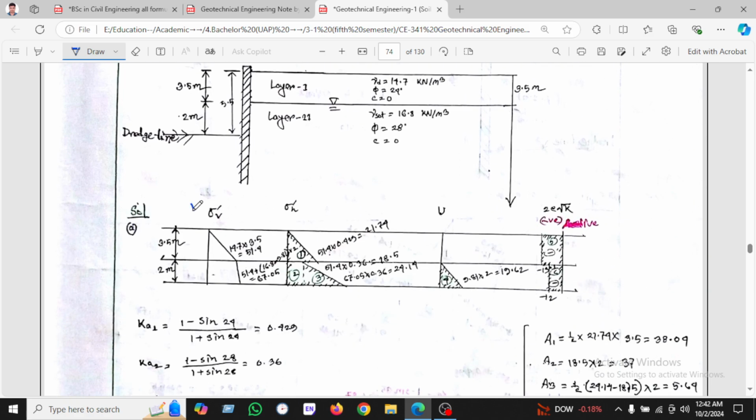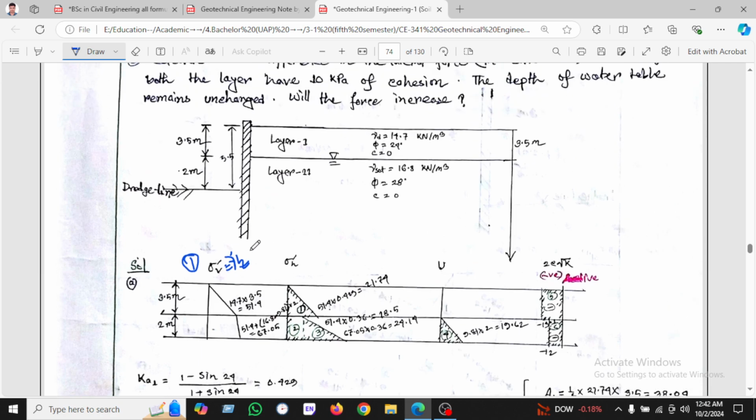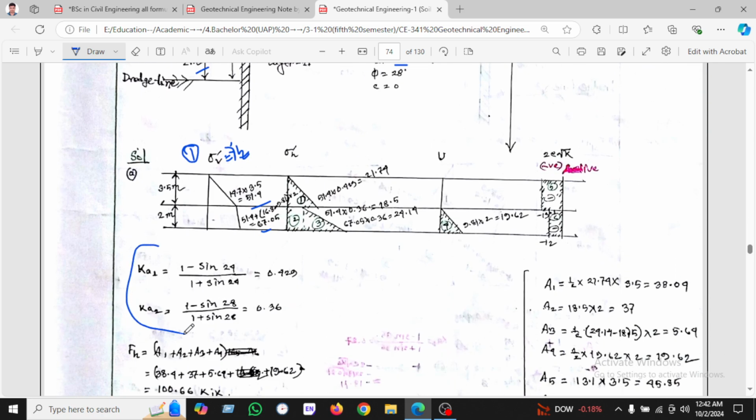At first we will calculate the gamma vertical, which is gamma into gamma prime into z. So we have seen 14.5, and then the height will be 3.5 and found 51, and 51 plus 16.8 into 2, and in this way 60.7, and then we will calculate this coefficient. So it will be our second case, and this will be our third case.